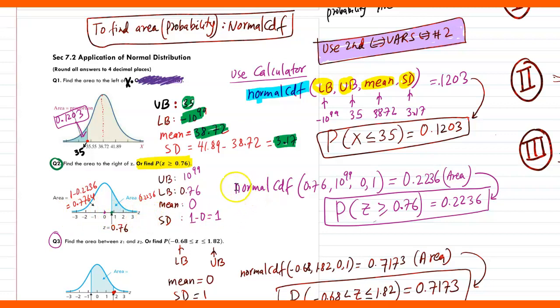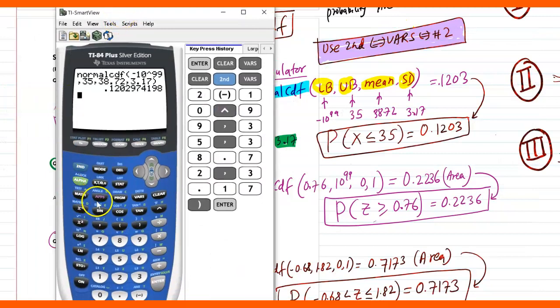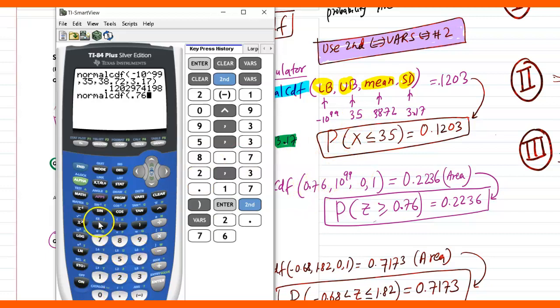And use normal CDF again like before and put it in the calculator. Let me show you that again, same as before. You start with second, VARS, number 2 as normal CDF, and you put lower bound, which is 0.76, must be put in order, comma, upper bound 10 to the power 99 because we don't know upper bound, right?